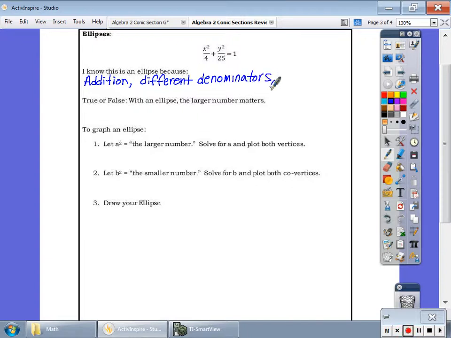Equals 1. The bigger number is going to be important, but what else makes this an ellipse? Both x and y are squared.